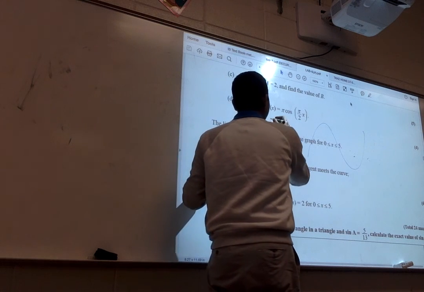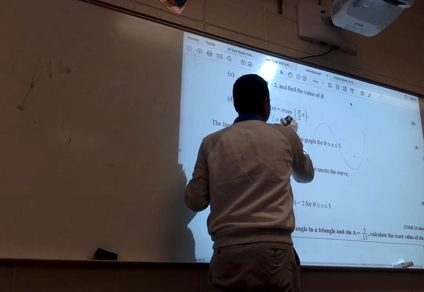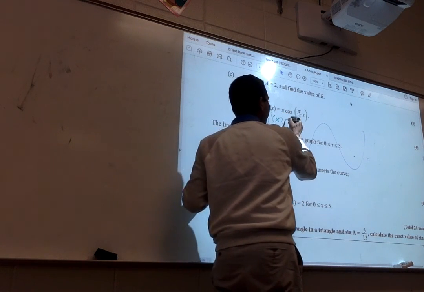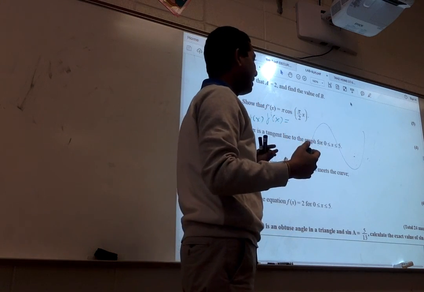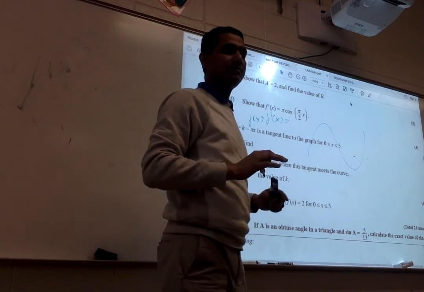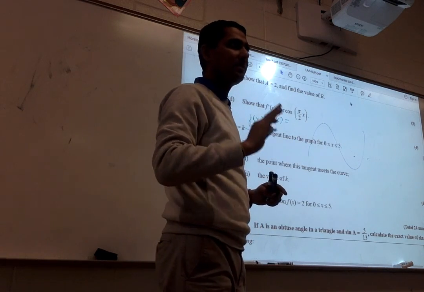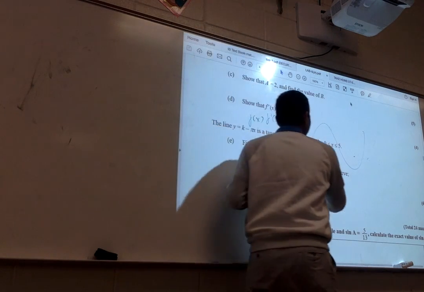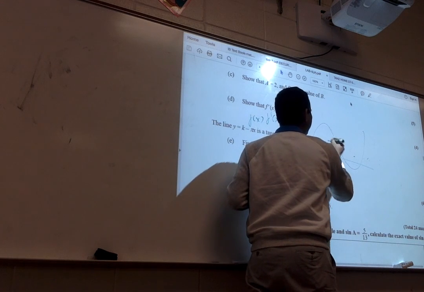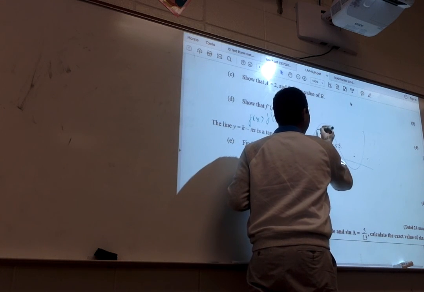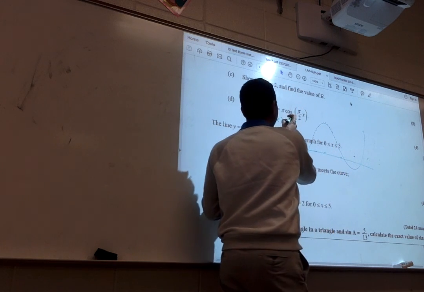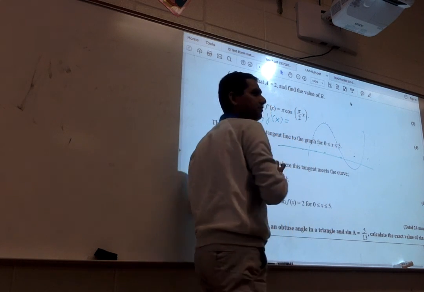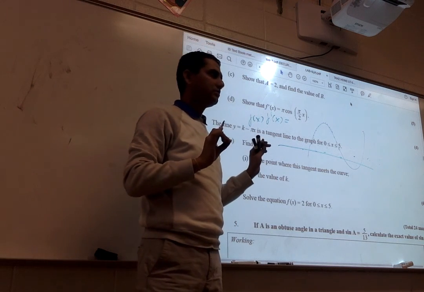When you take the derivative of this function, you get a derivative function which is nothing but the slope function at any point on the curve. That means if you know the x value, you can find the slope at any point on the curve by plugging that x value into this function. Are we good so far?